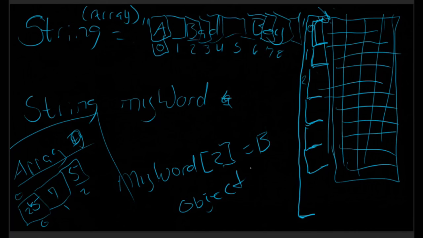Java's one, C++, C# are some. PHP is also one, but then there's others that aren't, like some of the earliest BASIC. I don't believe that's object-oriented. Perl, I don't think is, and so on and so forth.